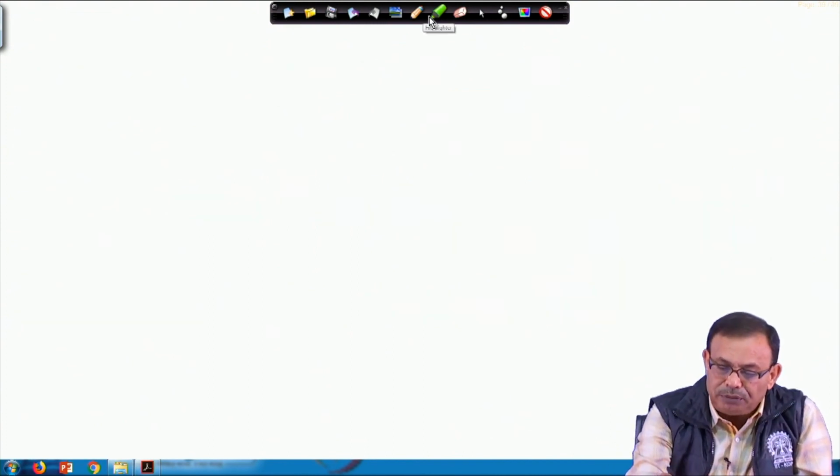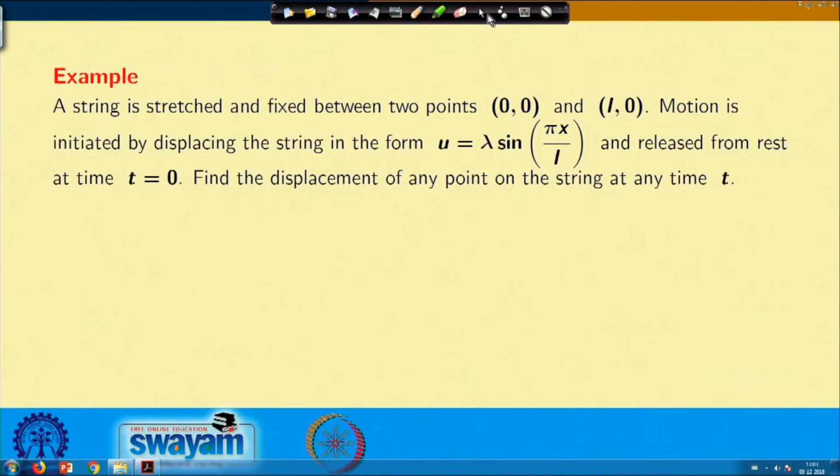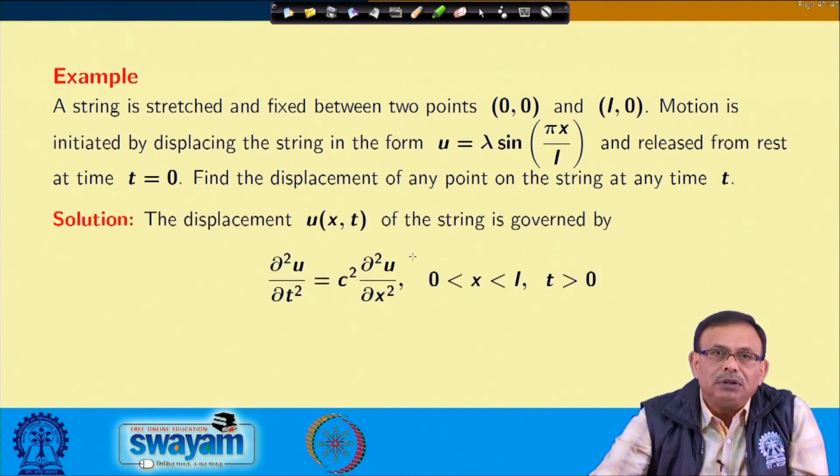Let us see it here. As I was telling you, the problem is given. The displacement u x t of the string will be governed by this equation, del 2 u del t square equals c square into del 2 u del x square, where x lies between 0 to L and t greater than 0.